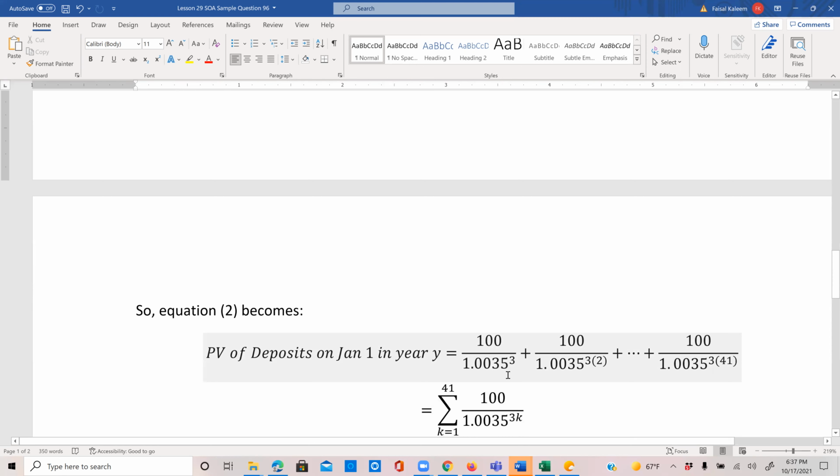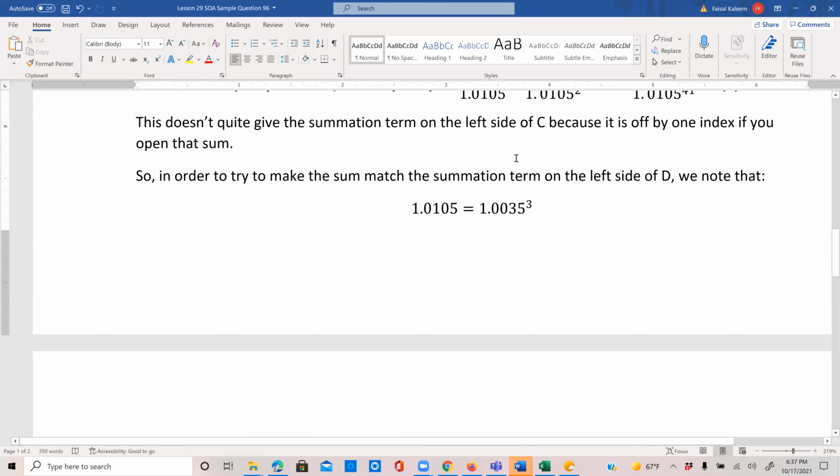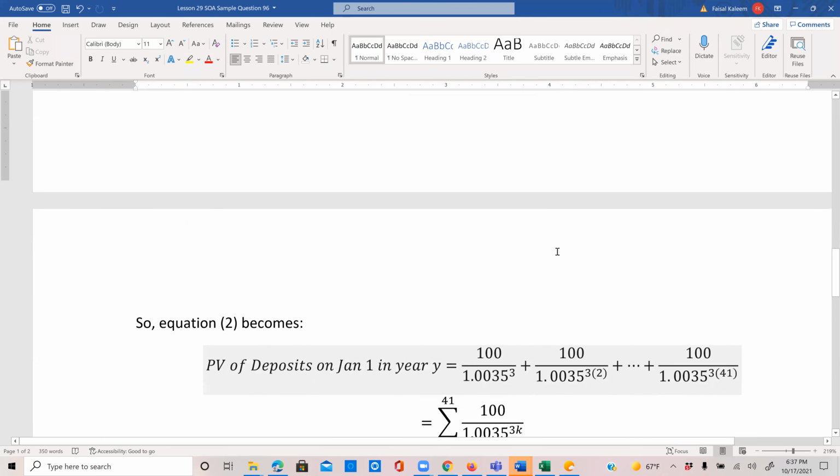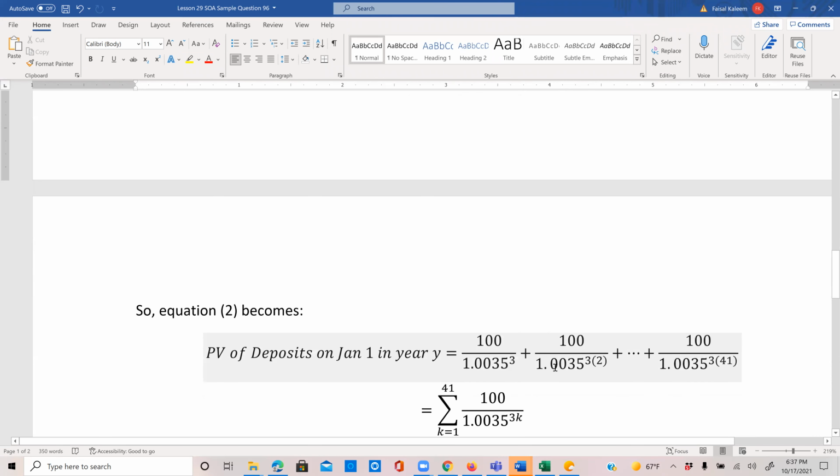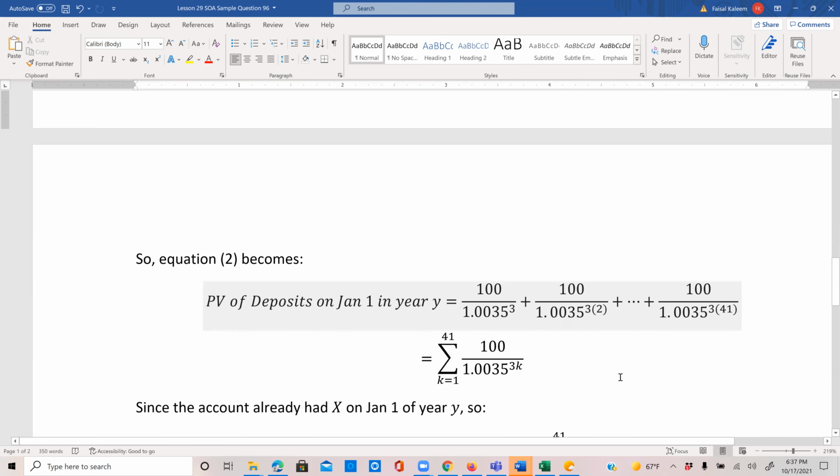So here I've just replaced each of the 1.0105s by 1.0035 cubed. So the first one is just that cube, the second one is that cube squared, and so on, up to that cube to the 41. And now if you write this as a summation, it is 100 over 1.0035 power 3k, and k goes from 1 to 41, as you can check.